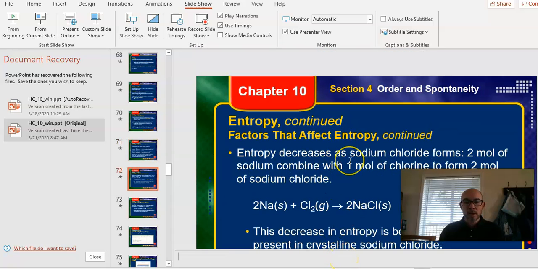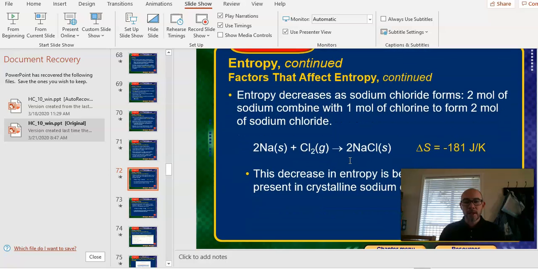We've got here some examples, and the main example is of salt formation, like table salt formation. You can see here that you've got sodium and chlorine, and sodium is a solid and chlorine is a gas, and you want to produce sodium chloride. You can see over here that if our change of entropy from the reactants to the products is negative, this thing has now actually become more stable in the process.